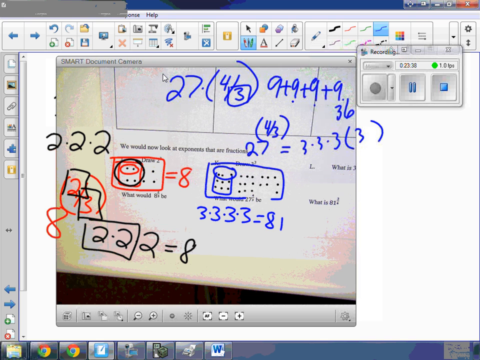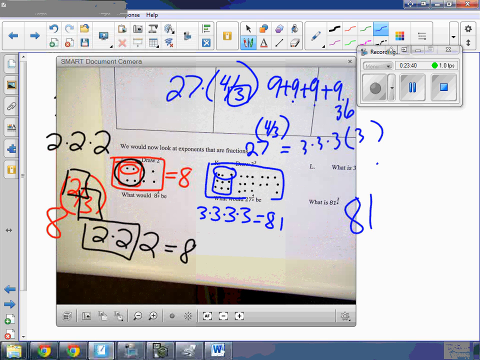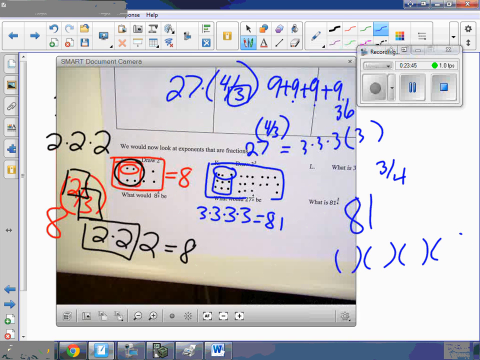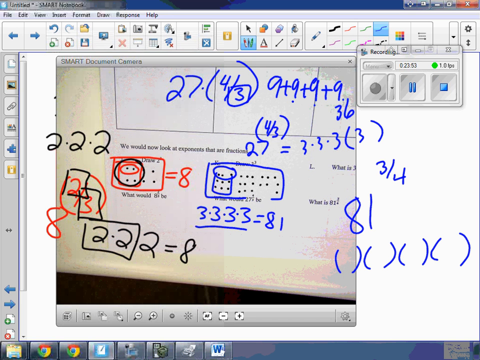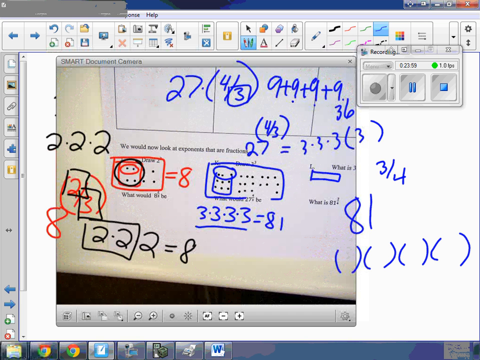So the next one, 81 to the 3/4. Can 81 be broken into 4 equal multiplications? Well, we know what they are. We just did it. We're on part L. So for part L, you actually have this picture where each one is a 27.